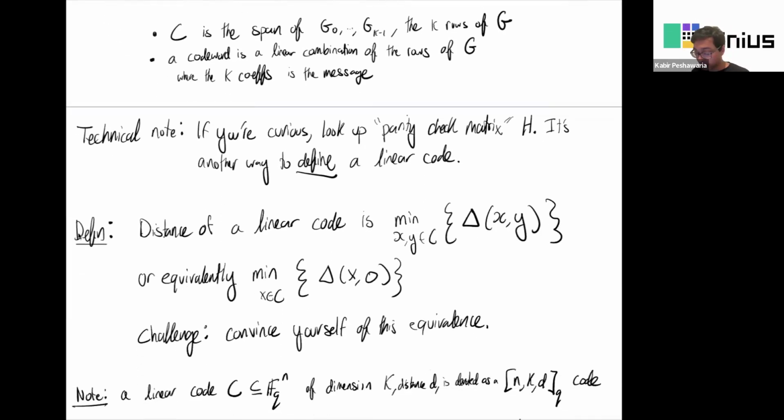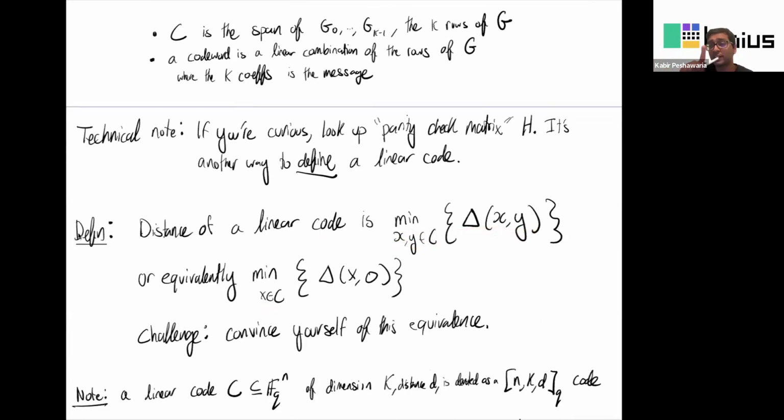So after that aside, another definition: the distance of a linear code is the minimum over all pairs of different code words of the distance between those two distinct code words. Equivalently, that's equal to the minimum Hamming weight of a nonzero code word. And Hamming weight is the Hamming distance between that word and the zero vector.